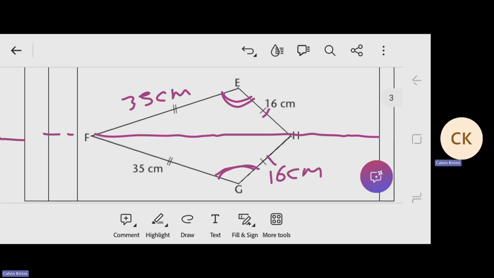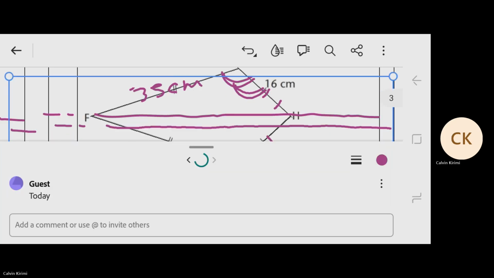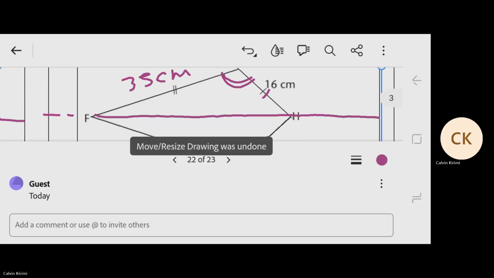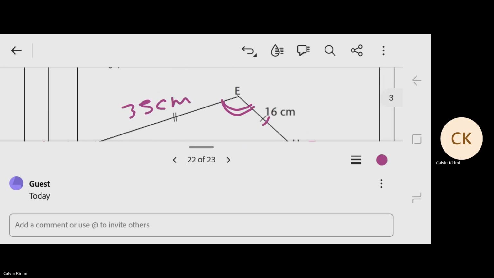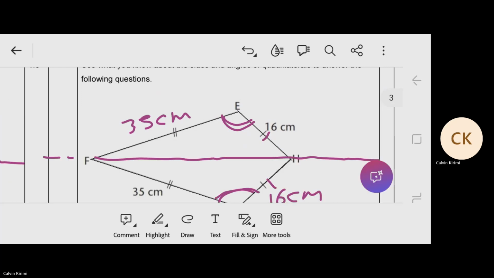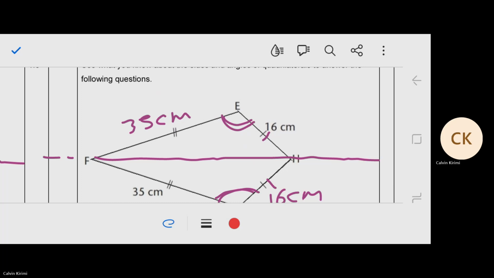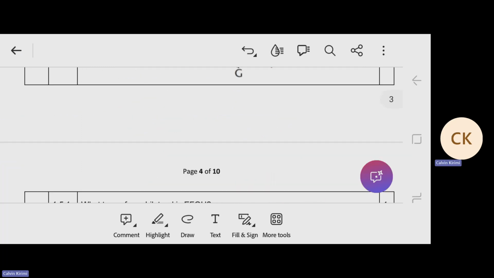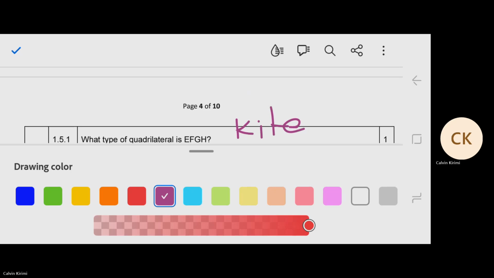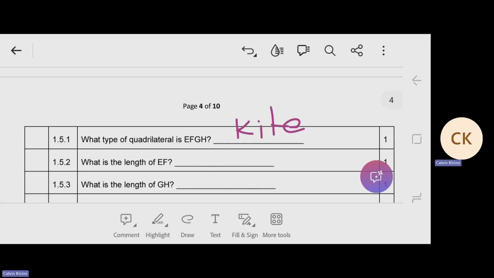EF is that side, which is 35 centimeters. So EF is 35 centimeters.